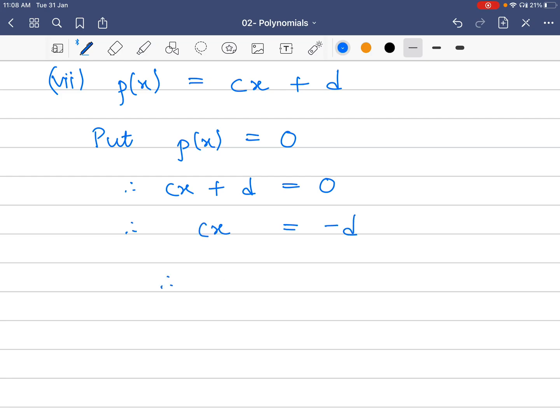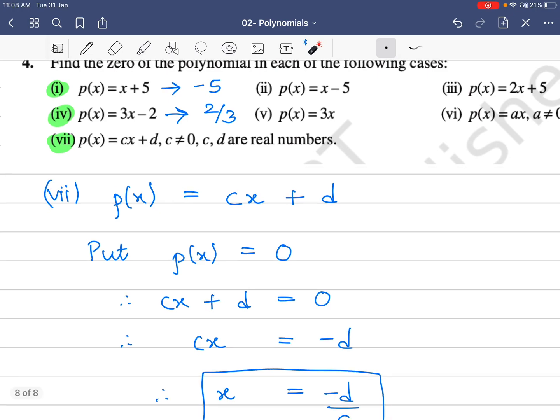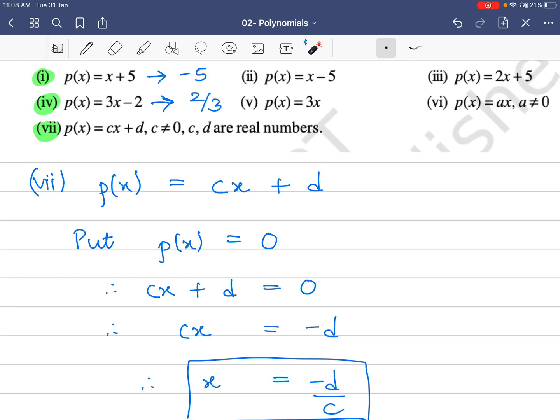And therefore x equal to, divide both sides of the equation by c, so we'll get minus d divided by c. So this is the value of x for which p of x will be equal to 0. So this is the root of the polynomial, or zero of the polynomial. Once again, I want to just make a note here. For this, it will be minus d divided by c.